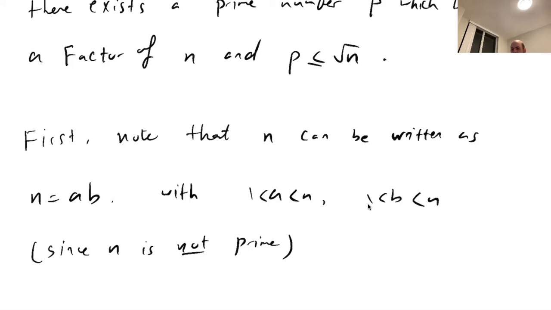Similarly, B would be 1 if A is n, but again, A is less than n, so B is bigger than 1. So any number which is not prime can be written as a product of two numbers, both between 1 and n. Only prime numbers can be written as 1 times the prime number only, but other numbers can be written as a product of two numbers, both between 1 and n.